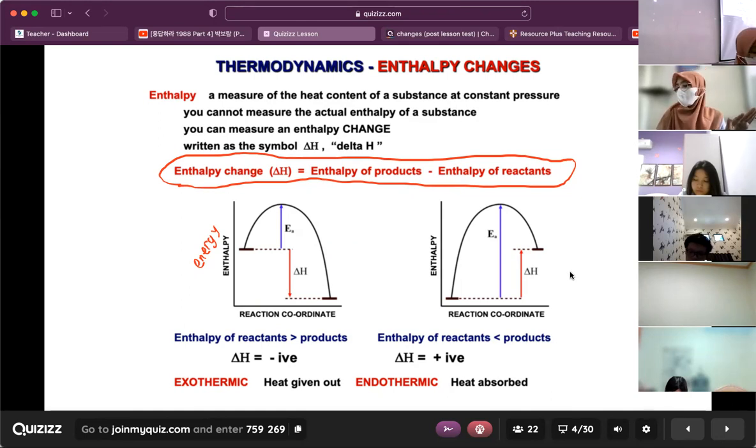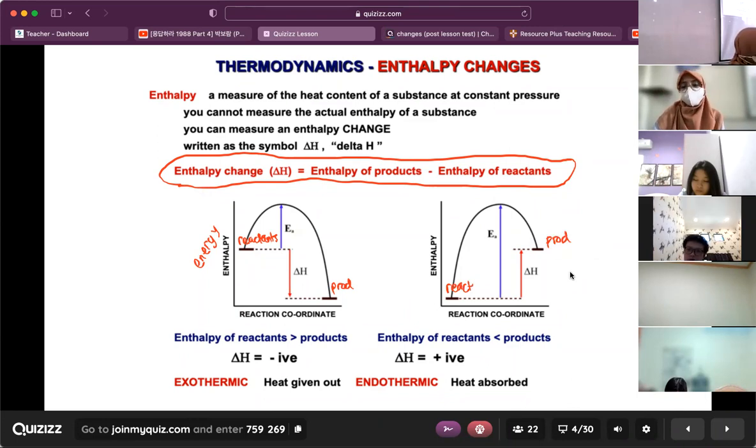On the left hand side of the reaction pathway must be reactants, and on the right hand side must be products. For the endothermic also, here still reactants, and the right hand side still products.